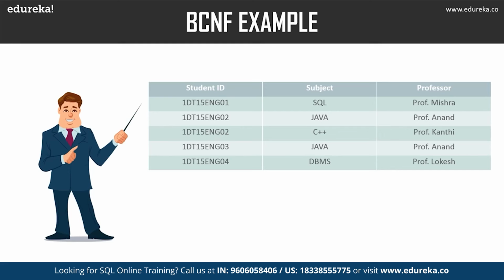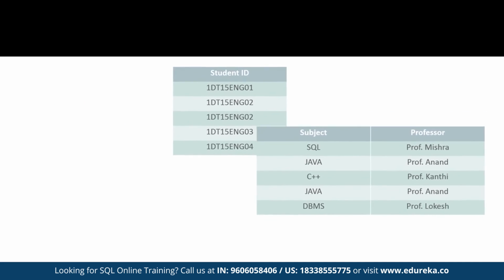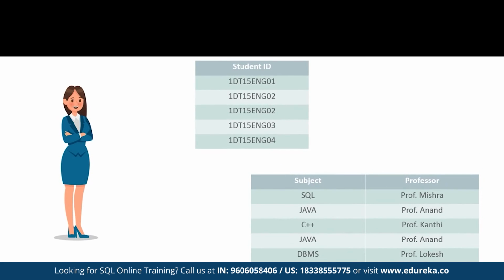As you can see, student ID and subject form the primary key, which means that the subject column is a prime attribute. But there is one more dependency, that is, professor depends on subject. And while subject is a prime attribute, professor is a non-prime attribute, which is not allowed by Boyce-Codd normal form.